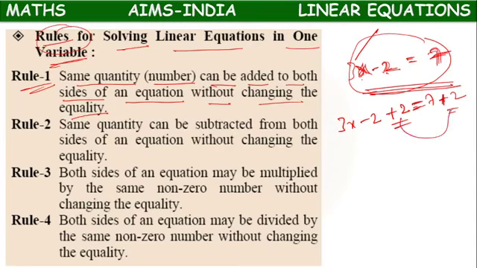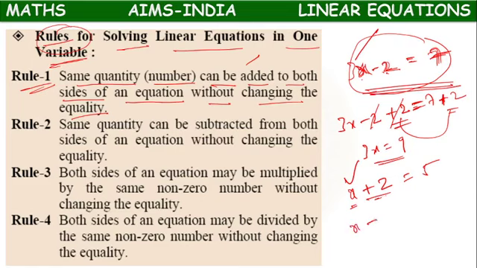So the equality does not change. If the same number we add on both sides of the equation, the equality does not change. Plus 2 minus 2 cancel. 3x equals 9. Like that we are getting. Okay. Same number can be added. Or if I have x plus 2 equals 5, we want to find the x value.